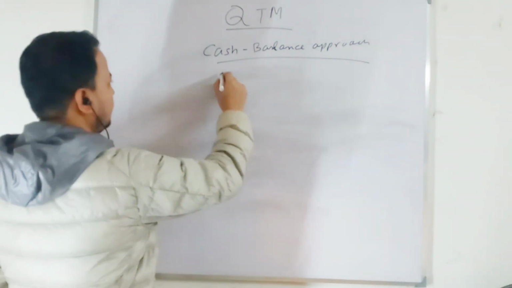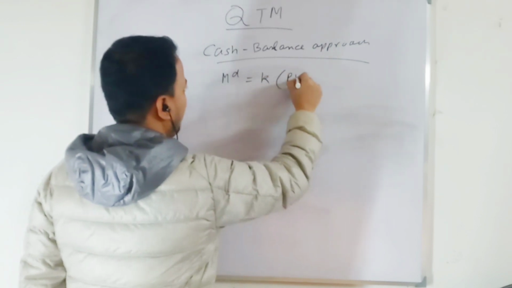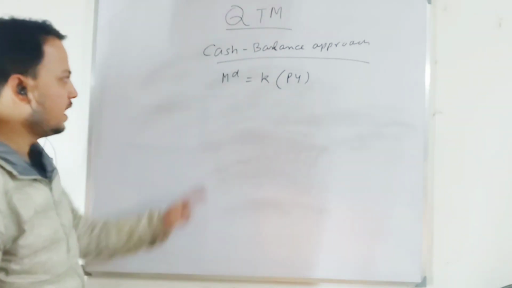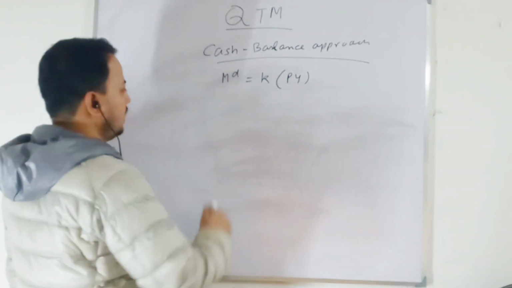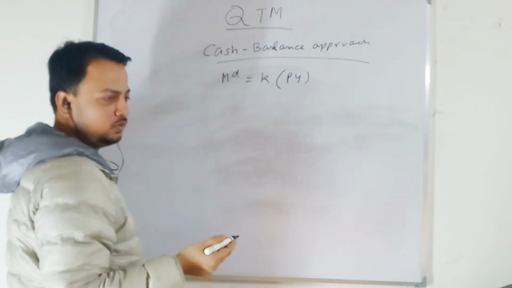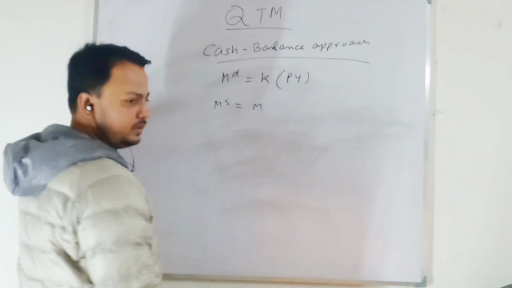So what I am writing: money demand is proportional to your value of output. Proportion means money demand divided by value of output. So this I have, this equation. And second, let me first write this: money supply is determined by the monetary authority.